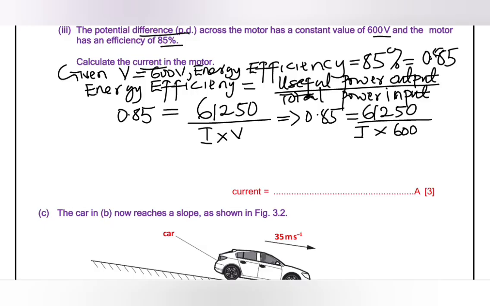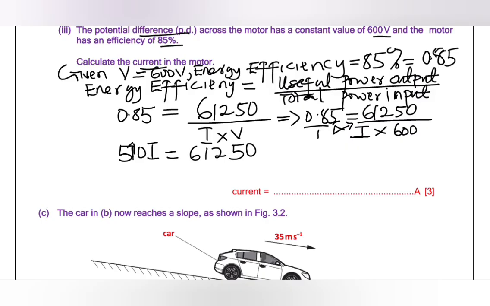By cross multiplying, we have 0.85 times I times 600, so we have 510 I equals 61,250.